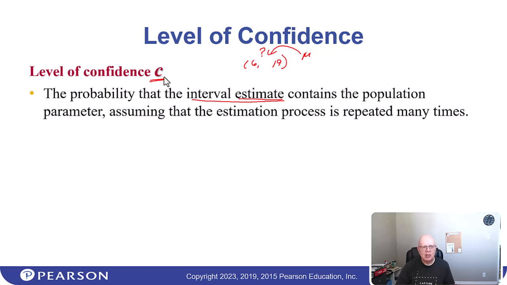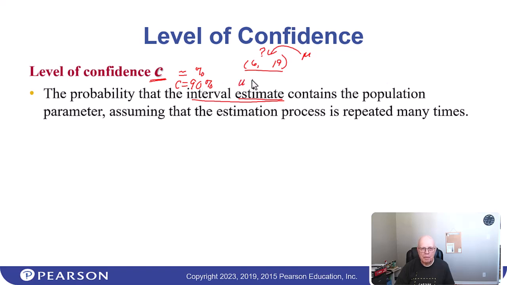Now, this confidence is quite often described as a percent. For example, you might say C equals 90%. You want to be 90% sure that the mean probably is in that interval you found. Or maybe you want 95% because it's much more important. Or 99%. If it's a life and death matter, 99% might be where you want to go.